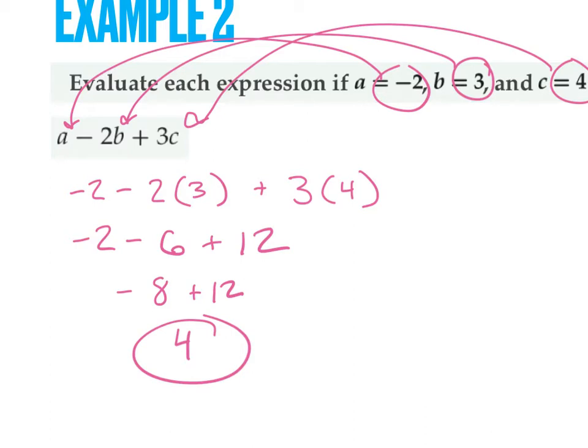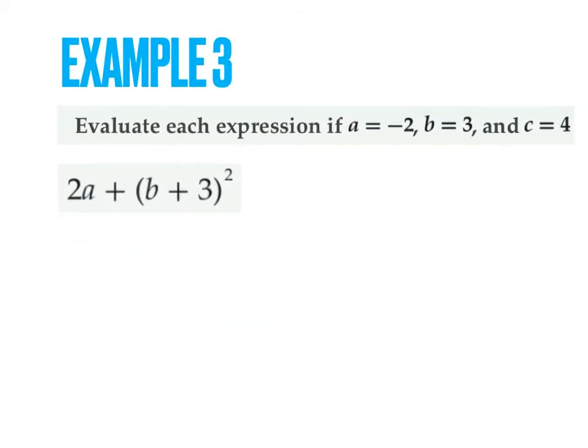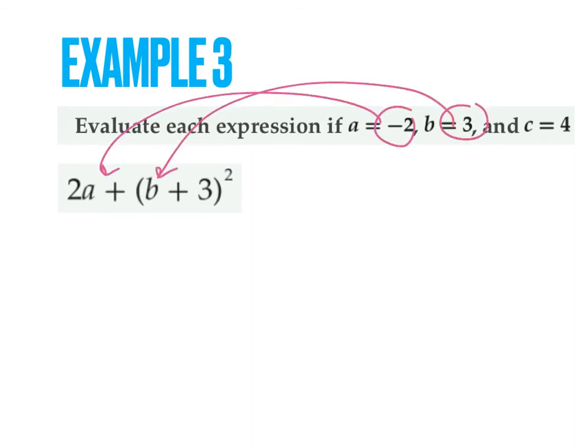Well, this is pretty much all we're going to do for 1.1, but the types of equations might look a little harder than this. So let's look at example 3. Again, we plug everything in. So we have 2 times negative 2 plus 3 plus 3 squared.